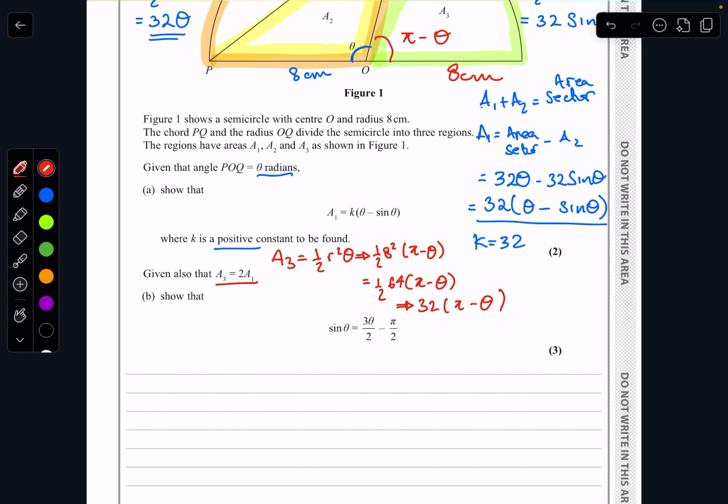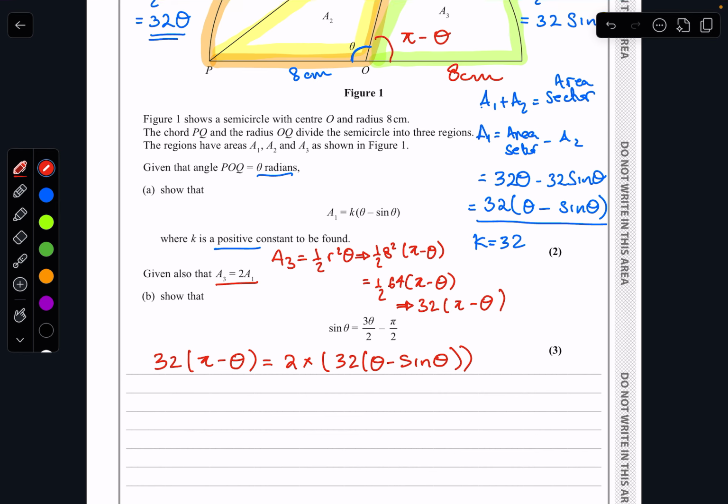Now they're telling me that A3 is equal to twice A1. So we can equate the two areas and then try to find out what my sine theta will be equivalent to, and see if we get the same answer as they got. So my A3, which is 32 bracket pi minus theta, is equivalent to 2 times my A1. My A1 I just calculated to be 32 times theta minus sine theta.